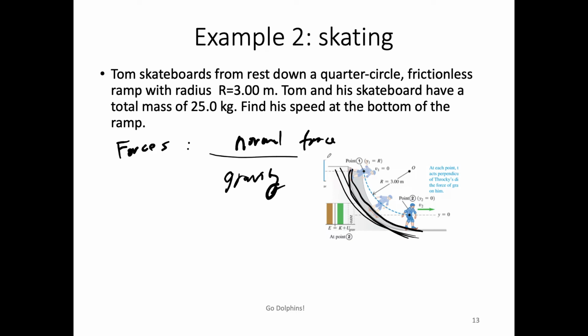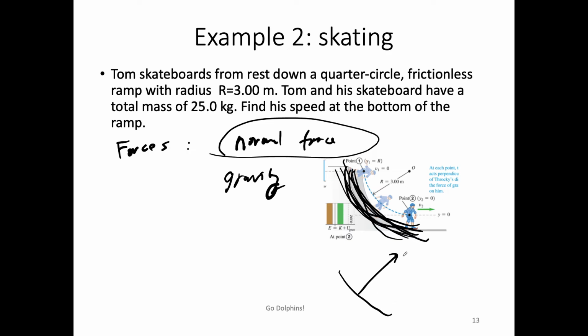Does normal force do work on Tom when he skates down this quarter circle? So let's say this is normal force, and then this is the velocity. Velocity will always be perpendicular to normal force in this case, which also means the displacement at this instance is perpendicular to normal force. We find that normal force is always perpendicular to displacement.